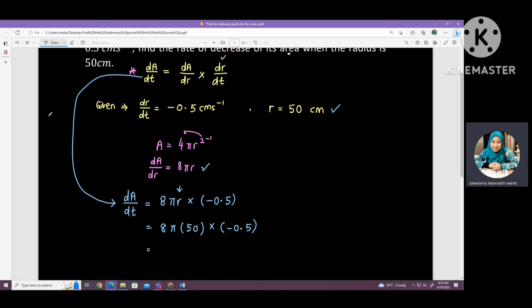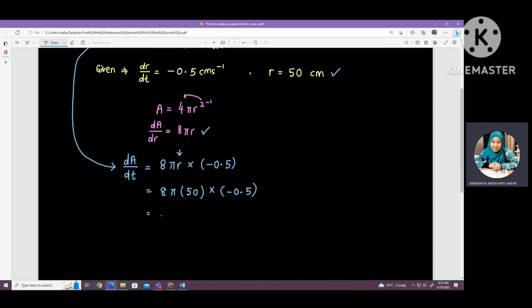So we will get the value negative 200. Okay, 8 times 50 times negative 0.5 will give you negative 200, and pi we just write here. So negative 200 pi centimeter squared per second.